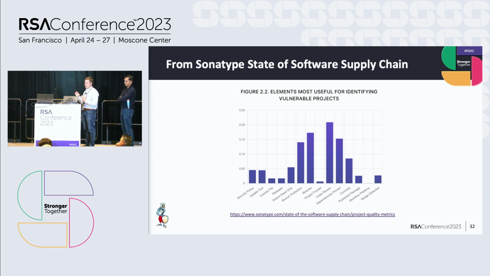They found that scorecards had very positive correlation with higher scorecard scores means less likelihood of issues over time. When it comes to how those checks break it down, in the report they give a lot more details, but you can basically see that some checks more than others are predictors of whether or not a project is going to become vulnerable. But on the whole, scorecards continues to be a good tool, and you can basically decide from within it which pieces of evidence are most important to you.